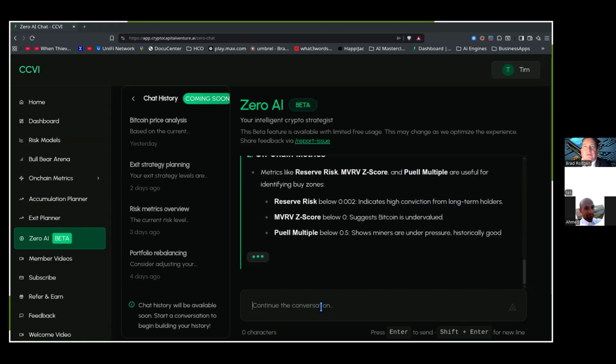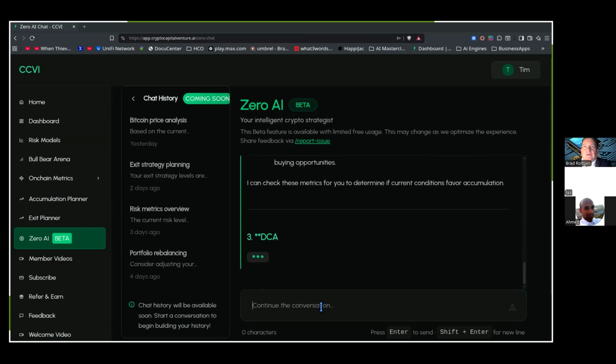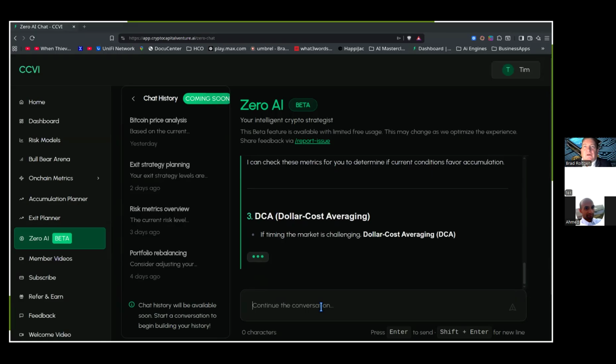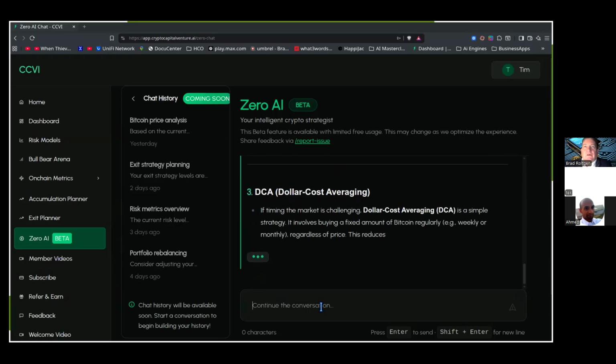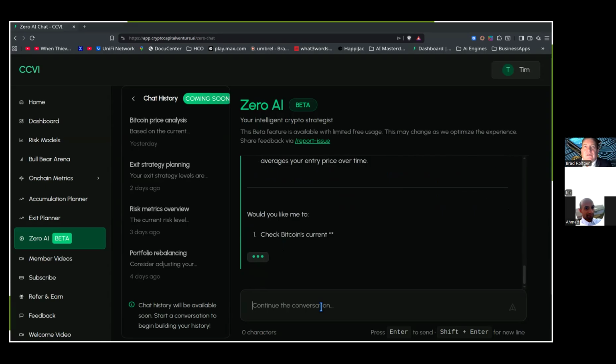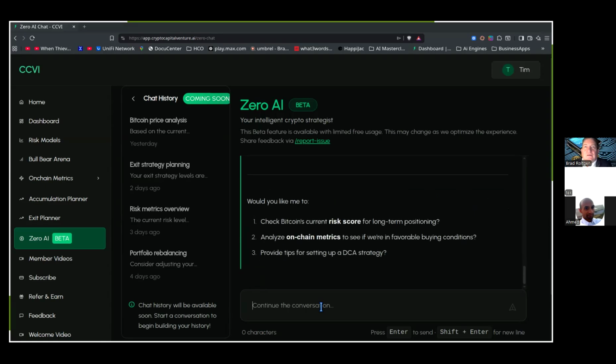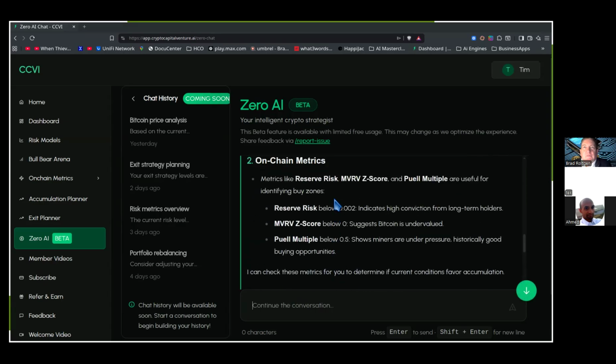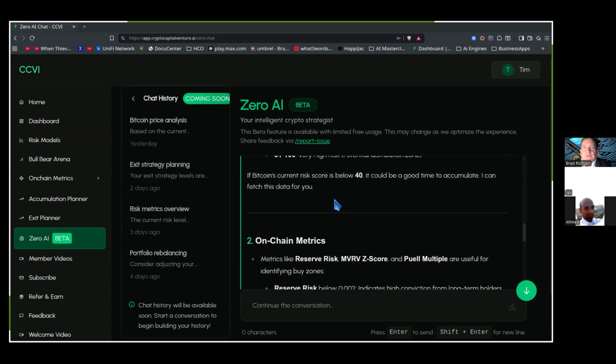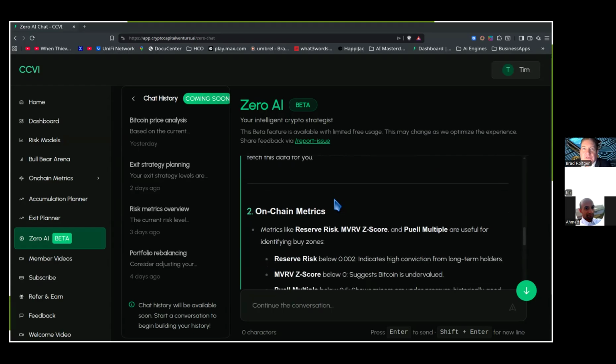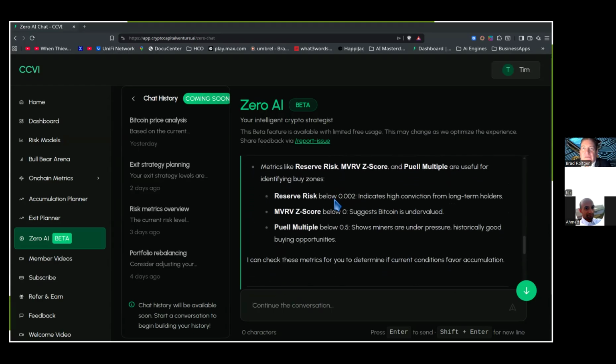Oh, the buy zone. Okay. Yeah. Scroll up and see that thing it was talking about, the buy zones. Yeah, there we go. The on-chain metrics there. So reserve risk, memory suggestion.